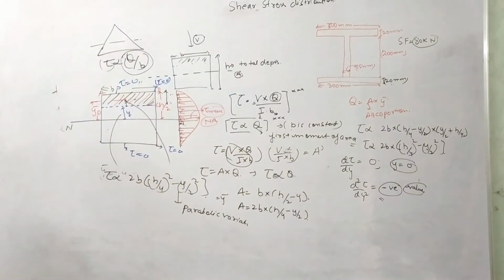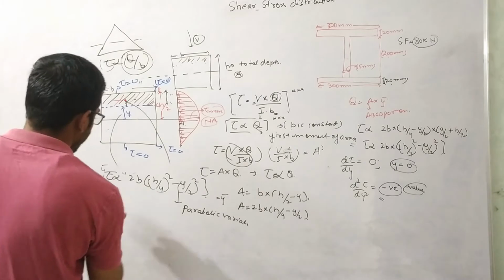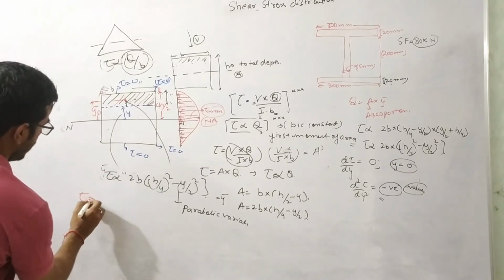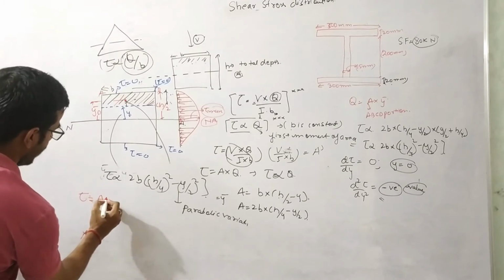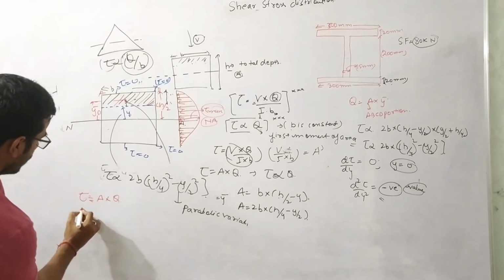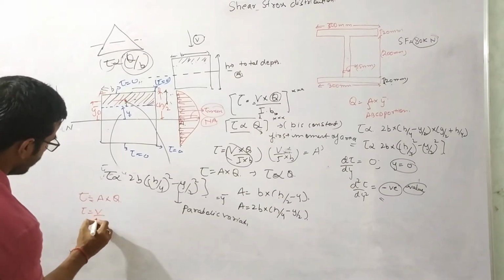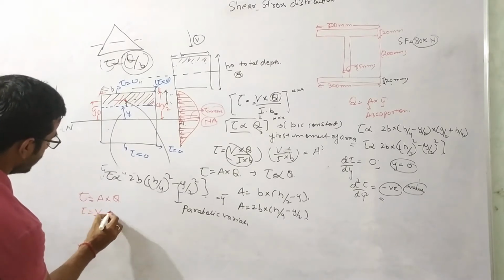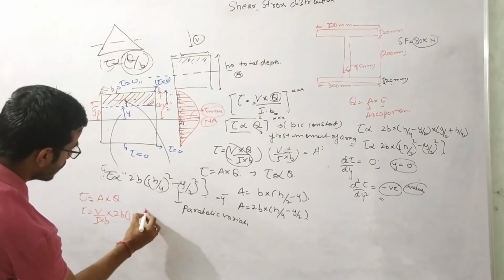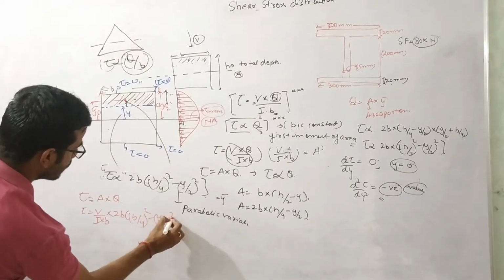If you want to calculate the value of tau, we wrote previously tau equals V into Q over I into b, where Q is 2b ((h by 4) whole square minus (y by 2) whole square).